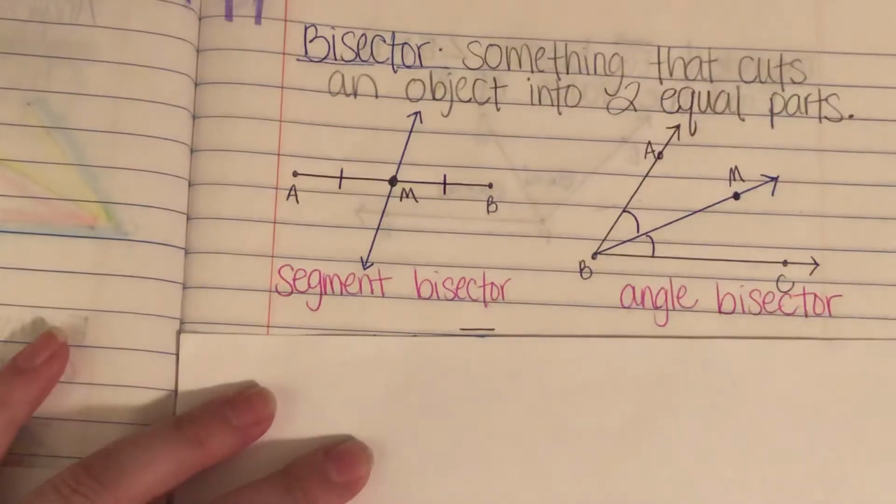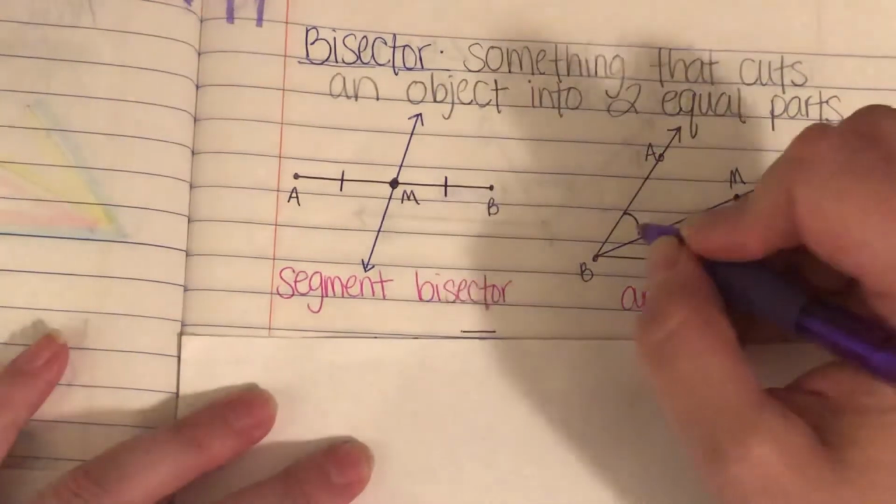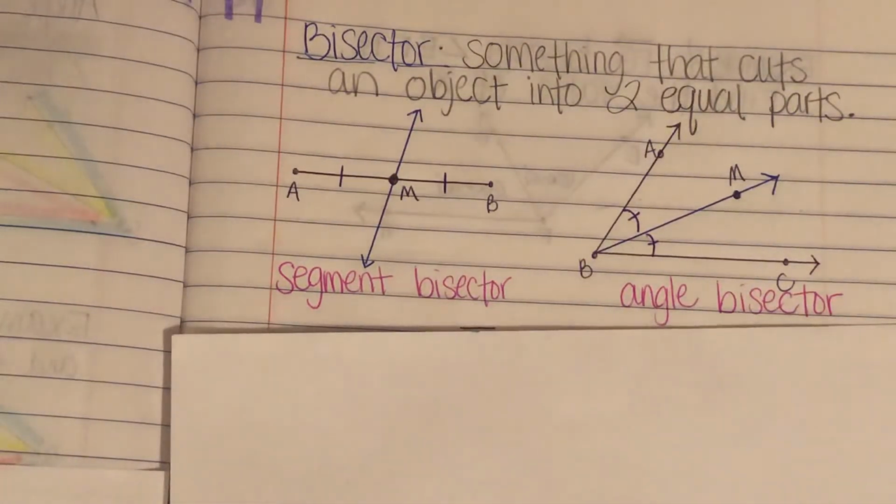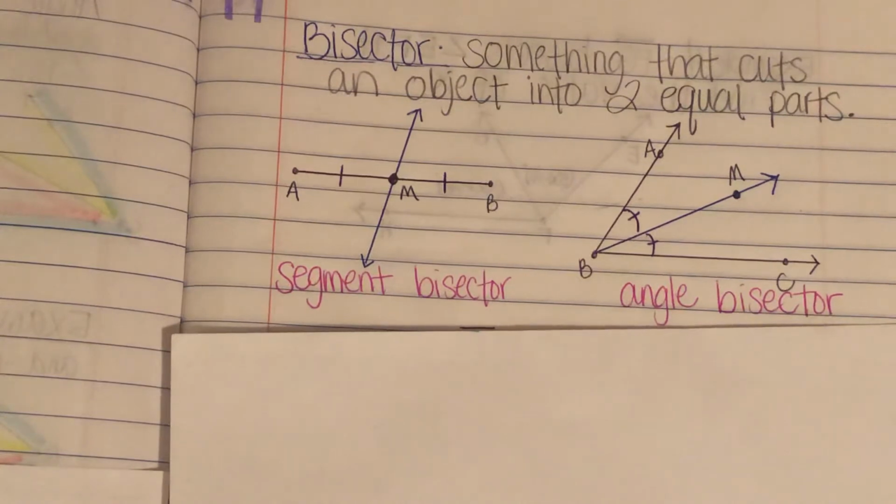Sometimes I like to put the little hash marks just to make sure that you understand these two pieces are equal. I can simply use the word bisector and not mark it, or I could mark it and not use the word bisector. For the beginning part, I'll probably do a combo. I'll probably mark it and use the word, but I will for sure use the word.